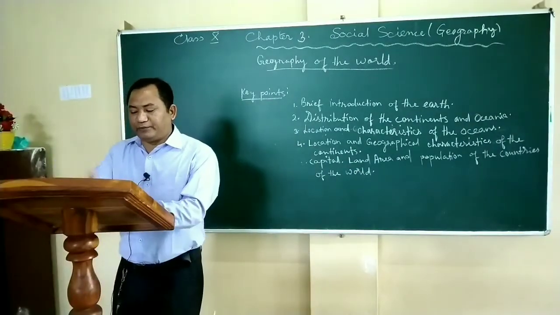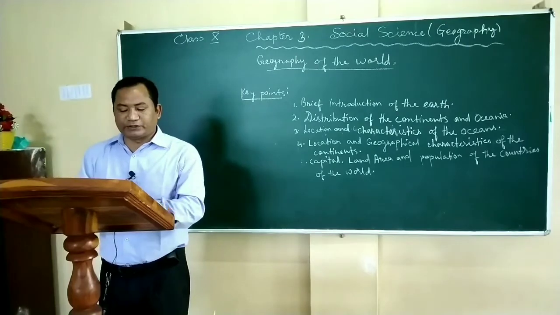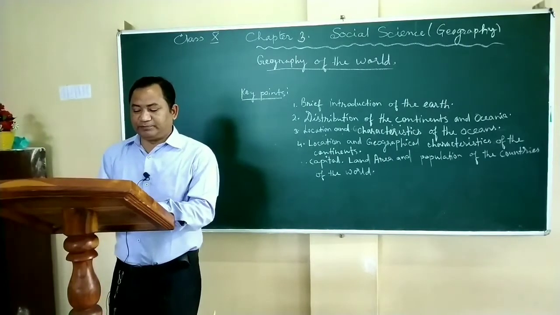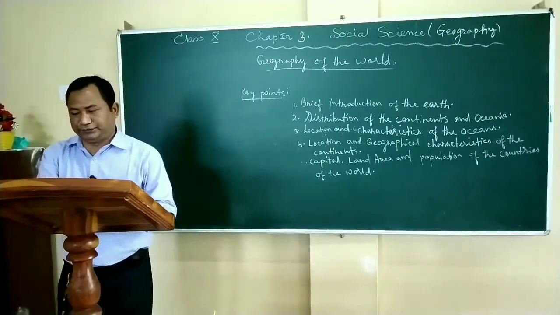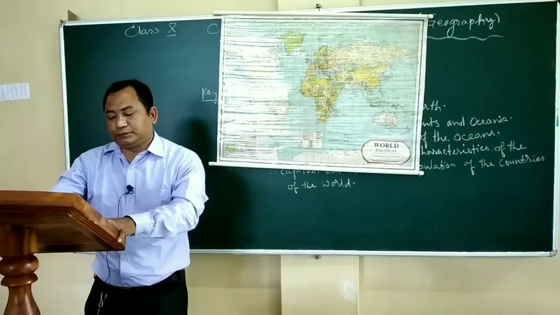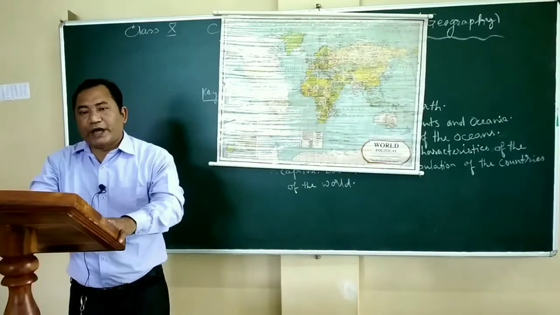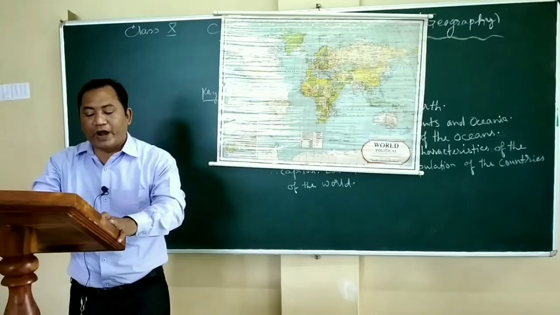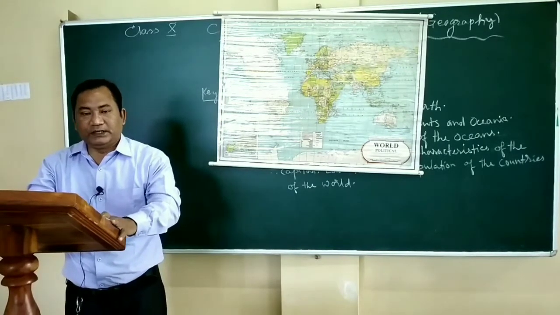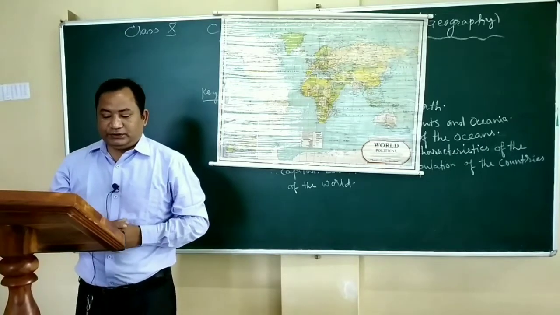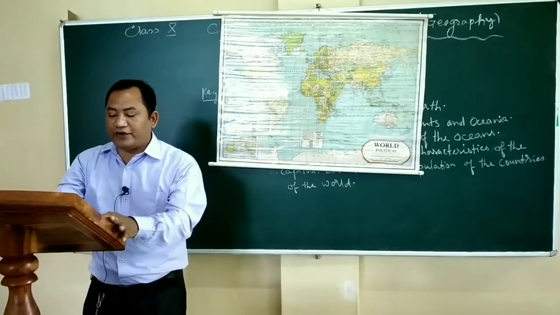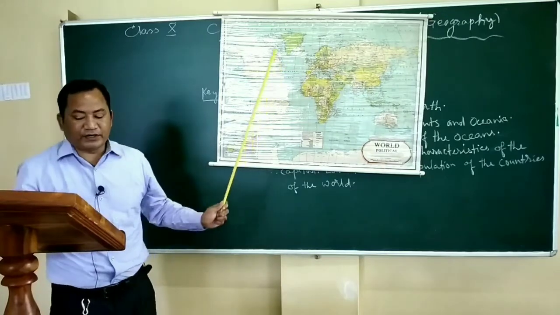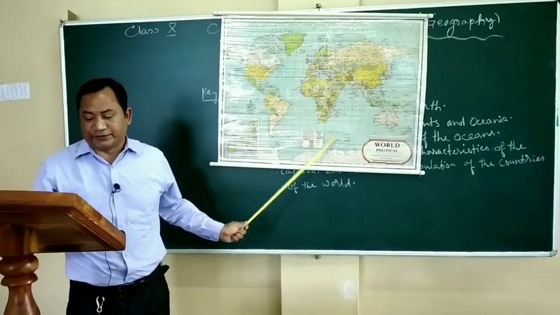Now, let us begin with the first key point of this chapter, that is, brief introductions of the Earth. Dear students, we all know that the Earth is the only planet where man lives. It is very large. It has a total area of 510 million square kilometers.